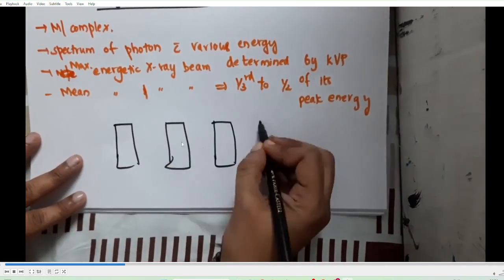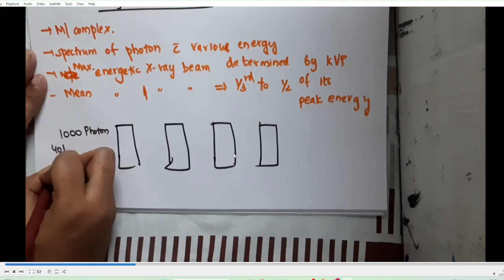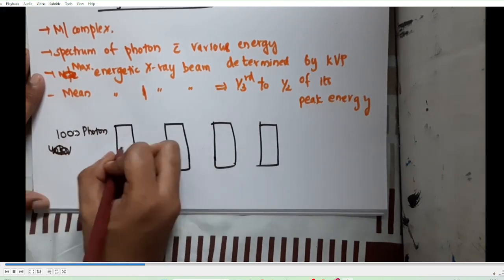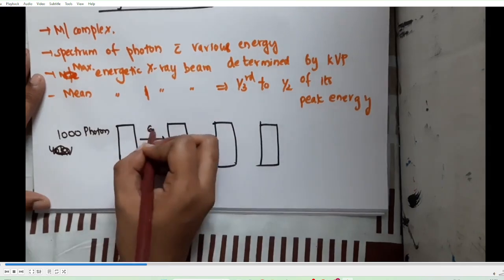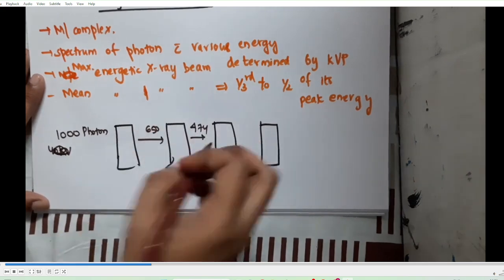So, if these are the different thicknesses of different materials, and an X-ray beam begins with 1000 photons and a mean energy of 40 kilovoltage, after the first centimeter of absorber the photons are reduced by 35%, which is around 650 photons.